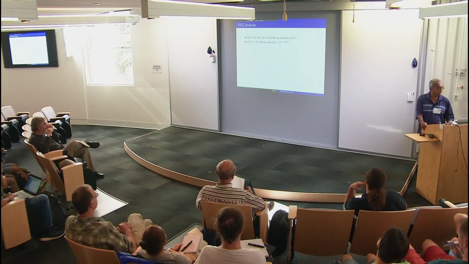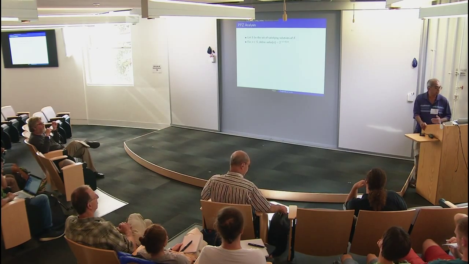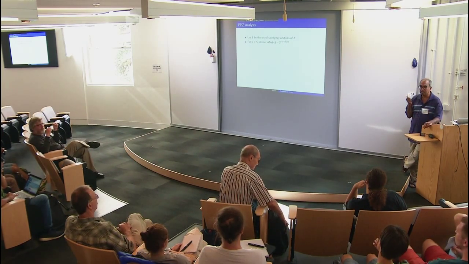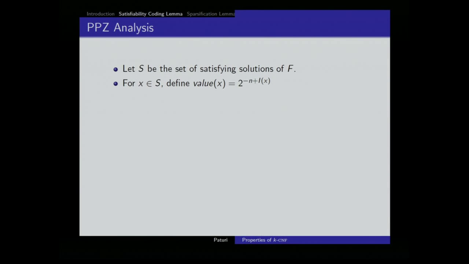Let's think more generally. We are talking about a solution with a degree of isolation of L(x), and we have a certain probability of success. But in general, a KCNF need not have isolated solutions, so we're going to argue that there is a combinatorial property of any set of solutions that will help us.